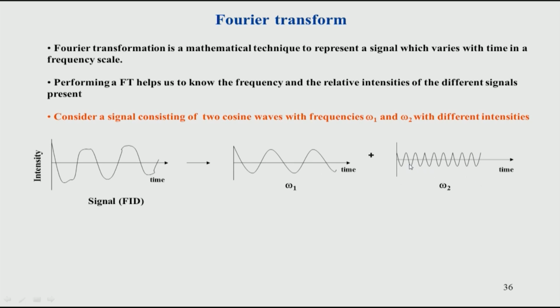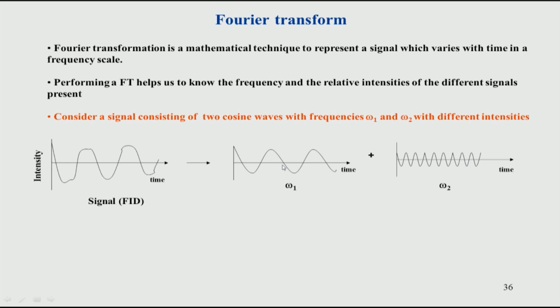All the atoms contribute to the FID, but the contribution depends on two parameters. Number 1, the frequency of their oscillation, and second, their number of hydrogens. In the case of methanol, CH3OH, the CH3 has 3 hydrogens. So, this particular frequency of CH3 will be 3 times stronger in terms of amplitude, this height here will be 3 times bigger compared to the OH peak, which has only 1 hydrogen, but the frequencies are different, 2 different frequencies.